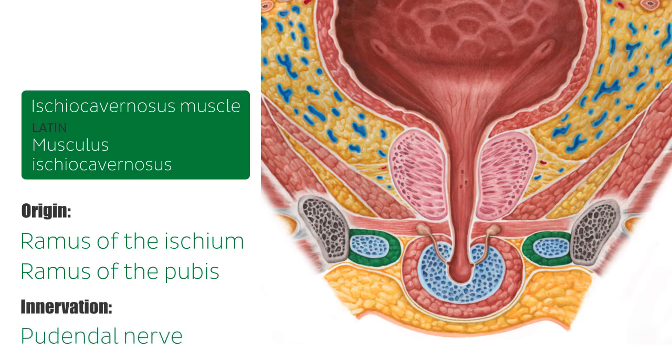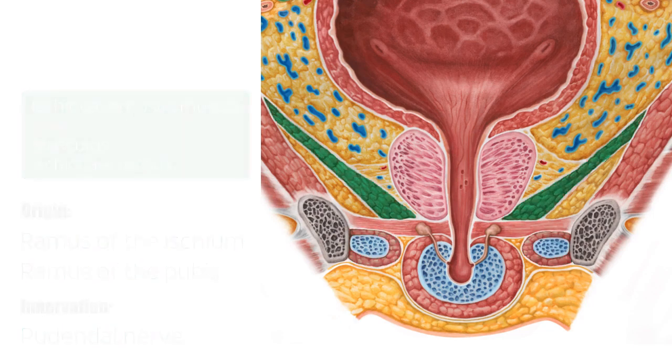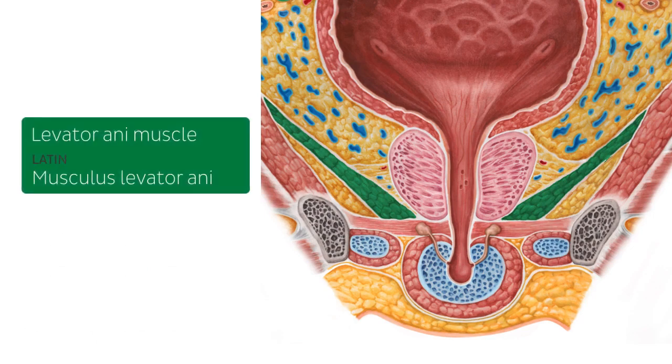Another muscle we can clearly highlight here, this is known as the levator ani muscle. Now, this is another important muscle for urination, and the levator ani muscle forms a large part of the pelvic diaphragm, which is basically the muscular floor of your pelvis. This muscle is found on either side of the pelvis.